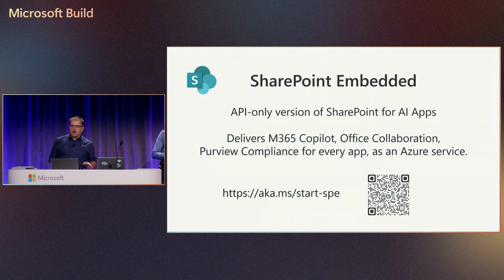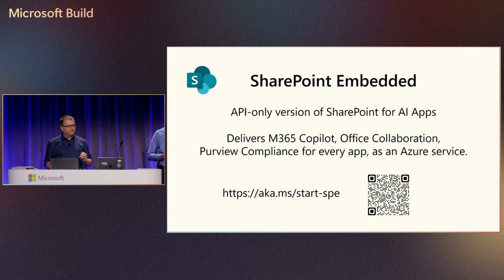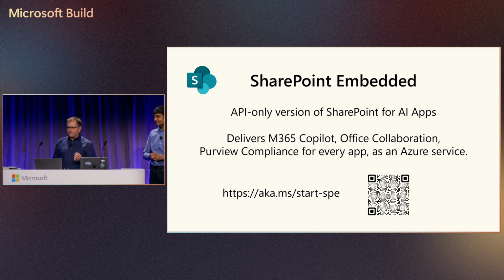So to start things off, I want to talk a little bit about what SharePoint Embedded is. SharePoint Embedded is an API-only version of SharePoint specifically designed for AI apps. It delivers critical functionality all at the end of an API. So it delivers M365 Copilot, Office collaboration, and Purview compliance.